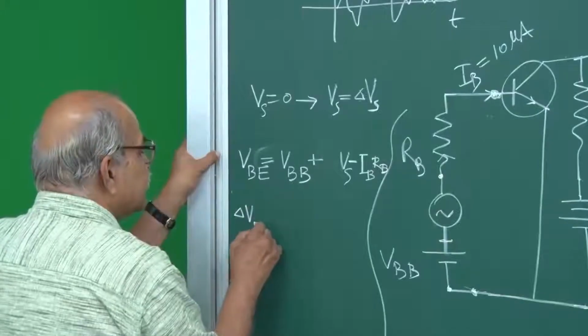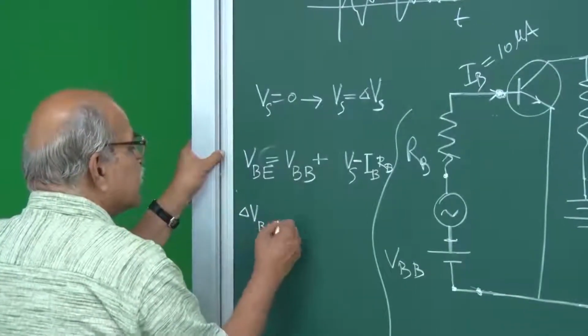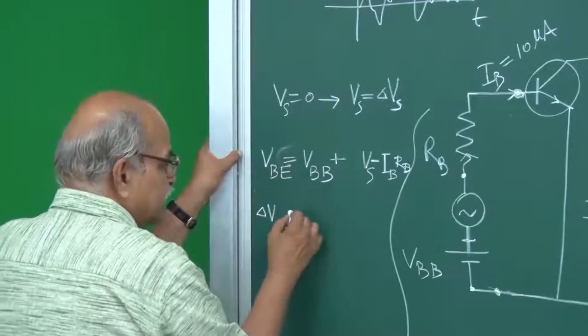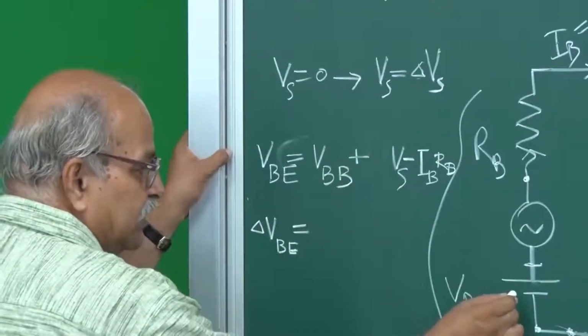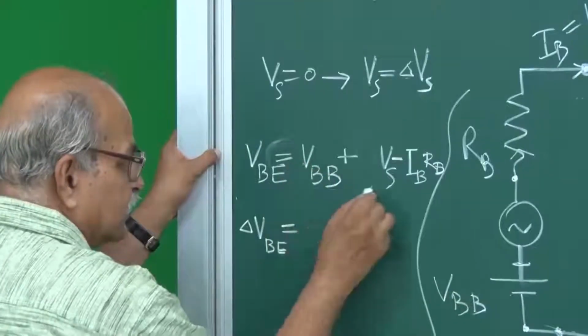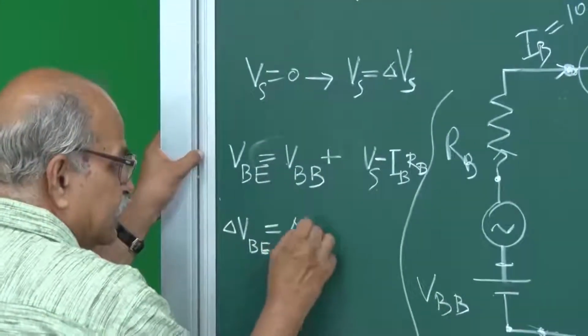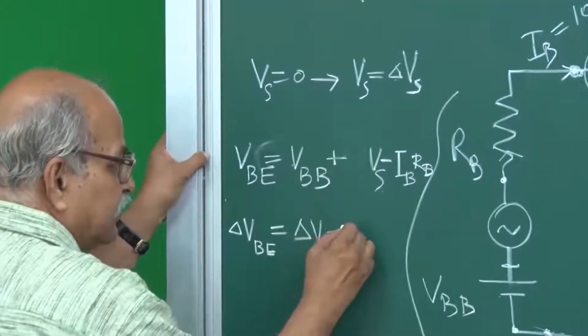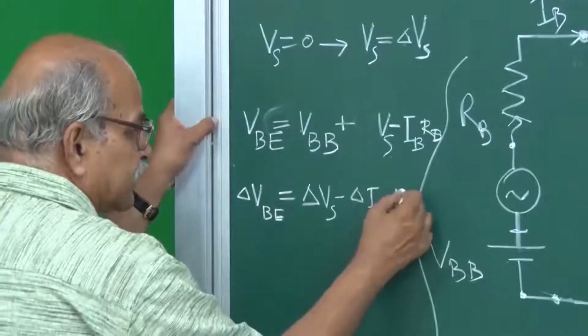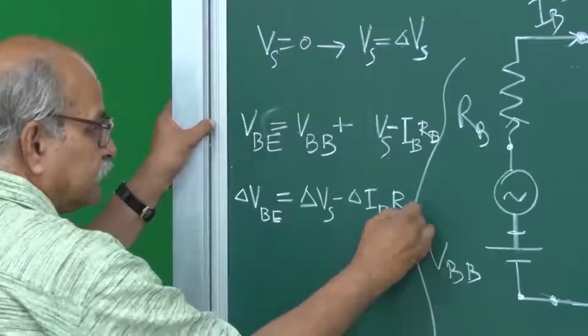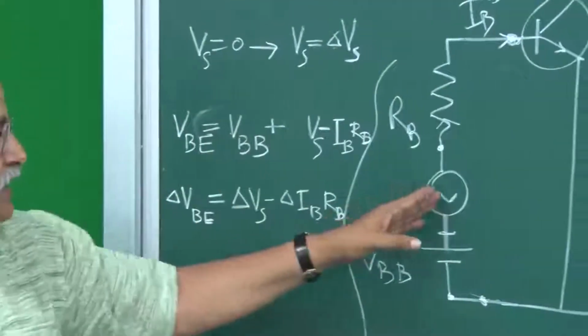We are interested in changes, remember, changes. So change delta VBE is equal to change in VBB, which is fixed, so 0, then this delta Vs, and then minus change in IB, and RB is fixed. So this signal is changing.